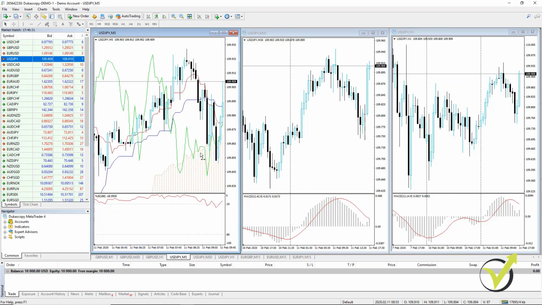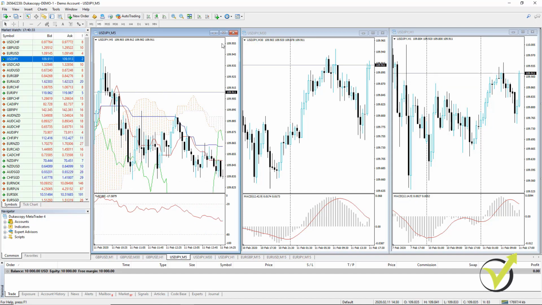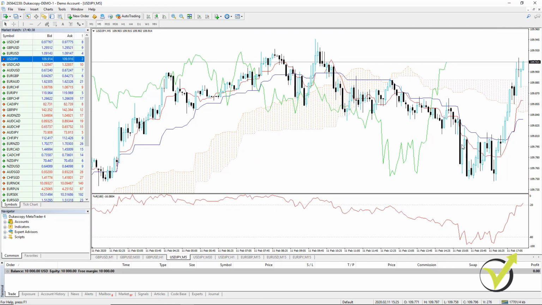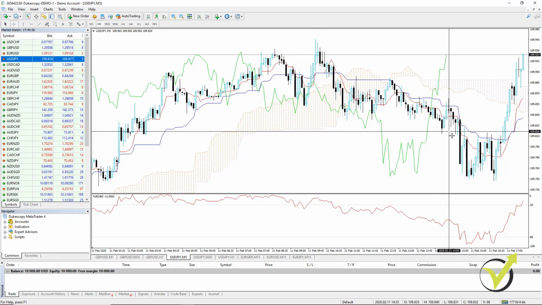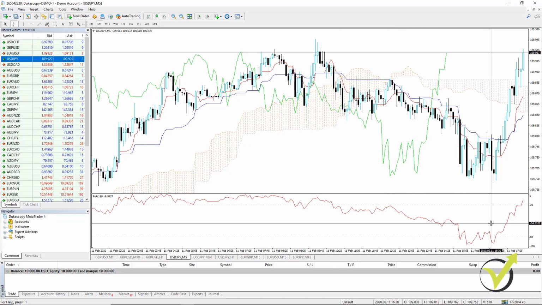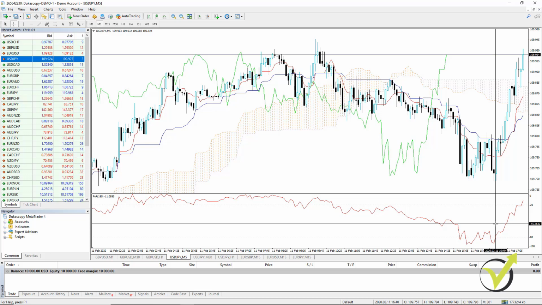Now, what is the entry condition on M5? Let me make it bigger. We are looking to buy when the price crosses the Kijun-sen line, or this is the blue line, upwards. Okay, when it crosses upwards, we are looking to buy. But we need to have the confirmation that the Williams percent range changes its direction upwards at the same time.